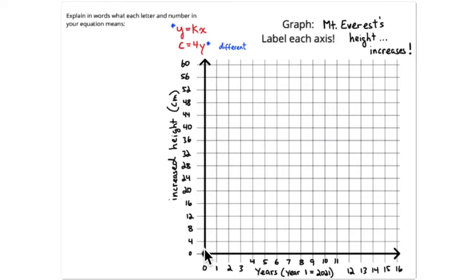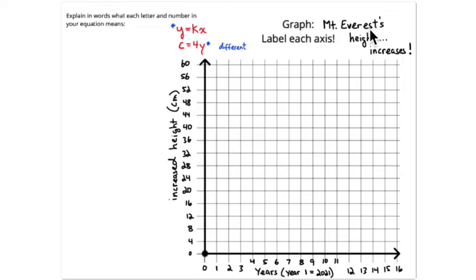And if it changes 4 centimeters a year, it probably makes sense to label each of these lines 4 by 4 centimeters. So it's 4, 8, 12, 16, and so on, up to 60. 4 times 15 is 60. So you get up here to 60 centimeters.